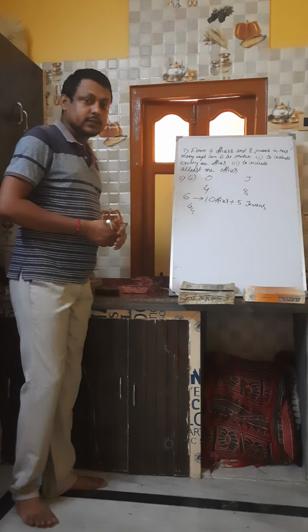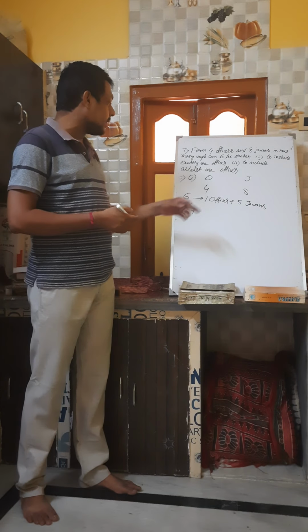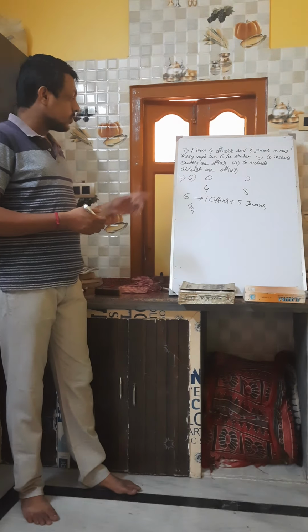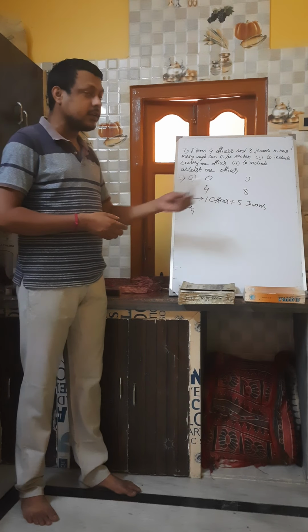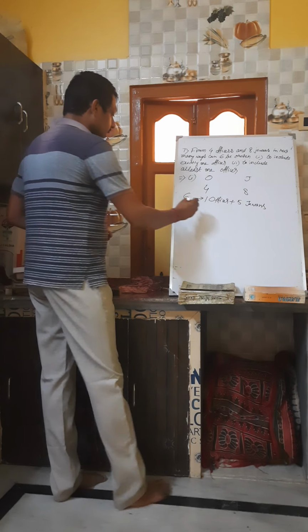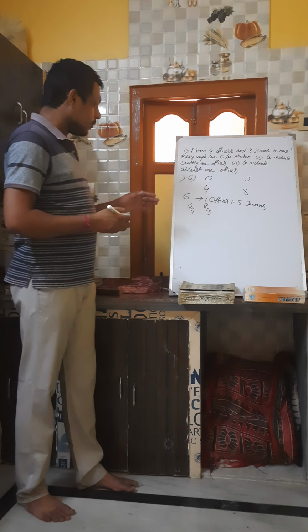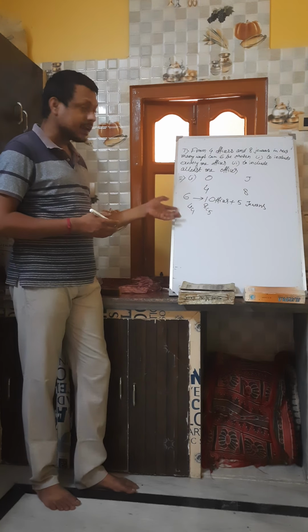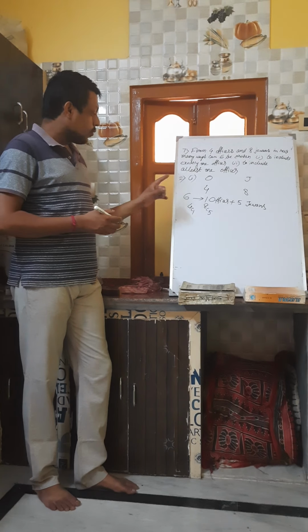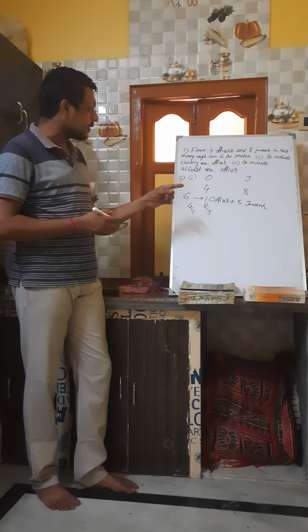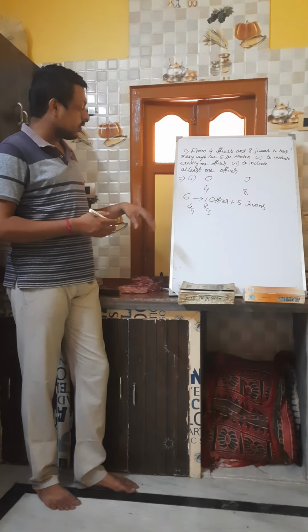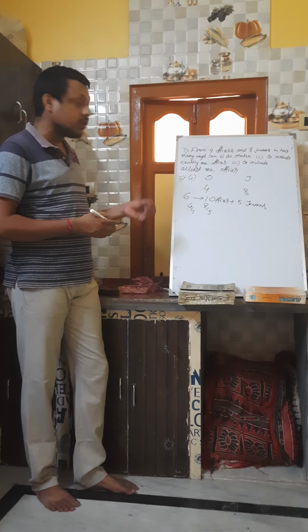Selection of 5 jawans, and this selection must be done from 8 jawans. So selection of 5 jawans from 8 jawans can be done in 8C5. Now look at the consequence. After selecting the officer, we have to select 5 jawans from 8 jawans. So you can use the fundamental rule of counting.